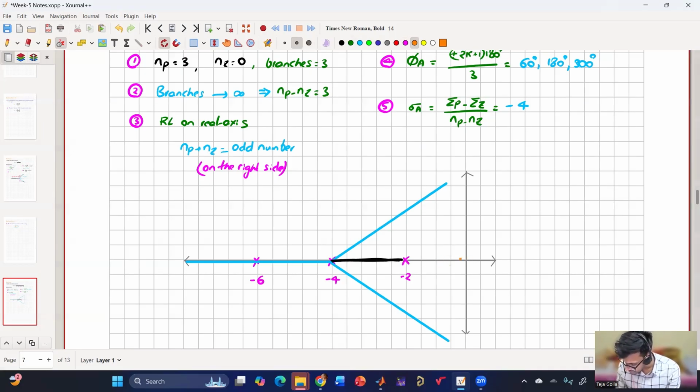First I see on the right hand side how many poles and zeros there are. Zero, which is an even number. So in this region, from -2 to 0, there is no root locus.